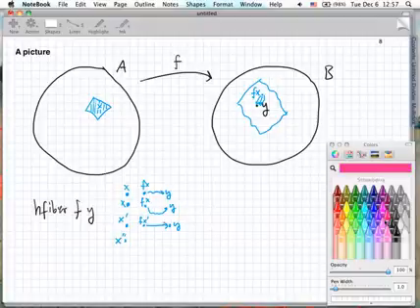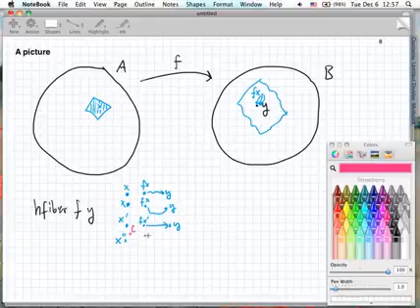But it's contractible, which means somewhere in there, there is a center of contraction. There has to be a center of contraction, which everything else contracts to.